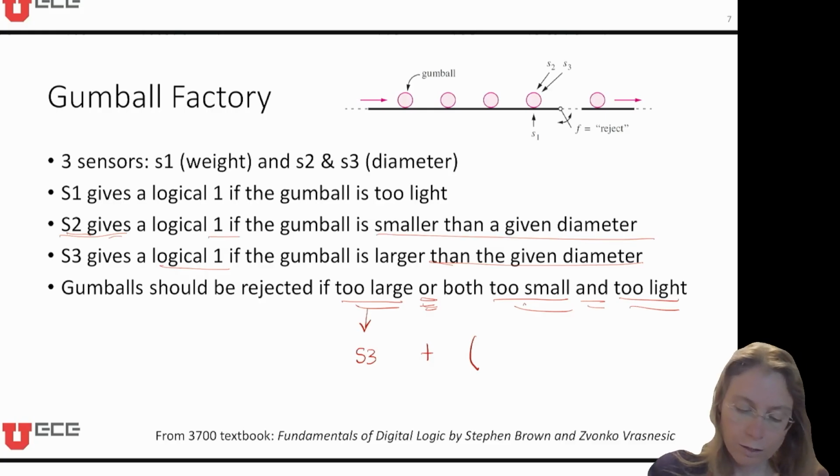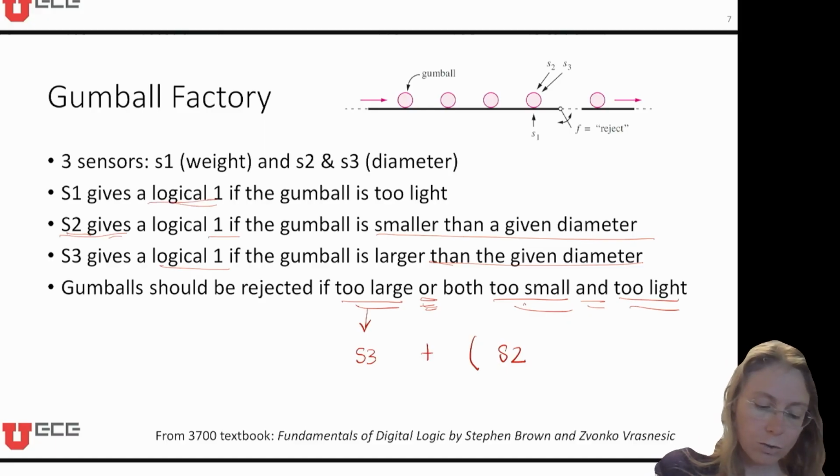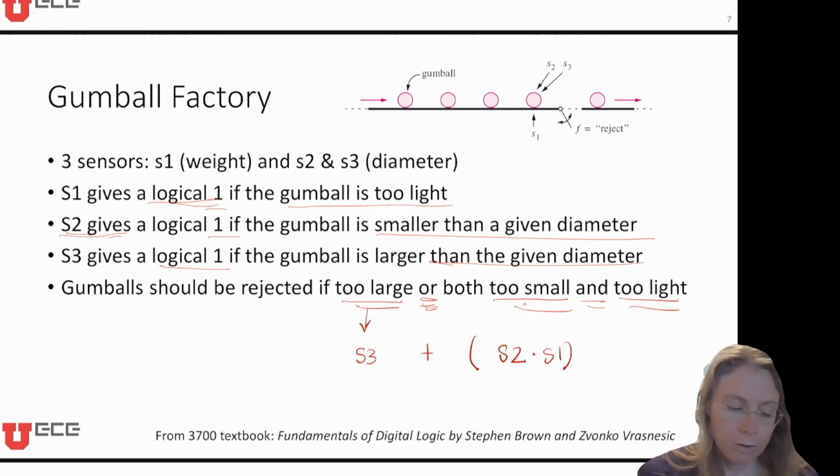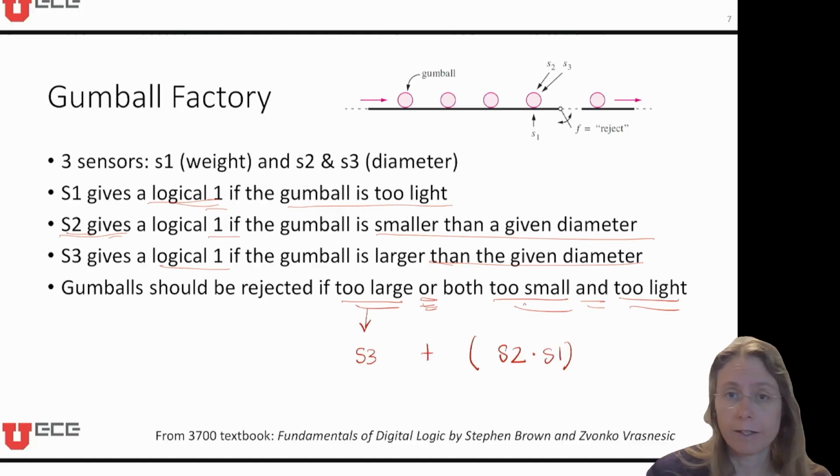Great, so S2 goes here, and too light: S1 is a logical 1 if the gumball is too light. So S2 and S1. Now, if it had said S1 gives a logical 1 if the gumball is above a certain weight, instead of under a certain weight like it is in this case, then we could have just done not S1, for example, in this expression.